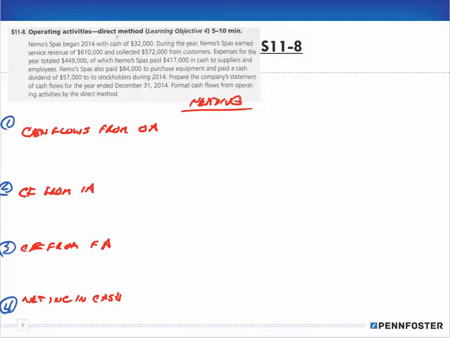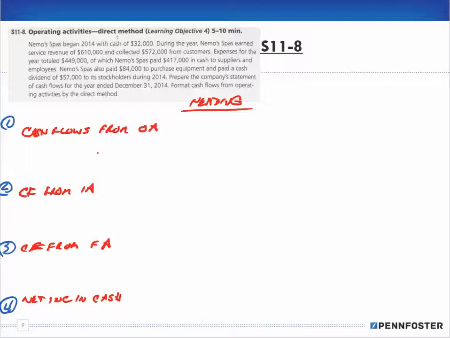When you're looking here and it says net increase in cash, and if you look at most of the statements, in the previous exercise it was an increase in cash also. Just realize that you're not going to write net increase in cash when it should be a decrease in cash, okay? You have to format the statement accordingly, whether you have a profit or loss like on the income statement, or you have an increase or decrease in cash like on your statement of cash flows.